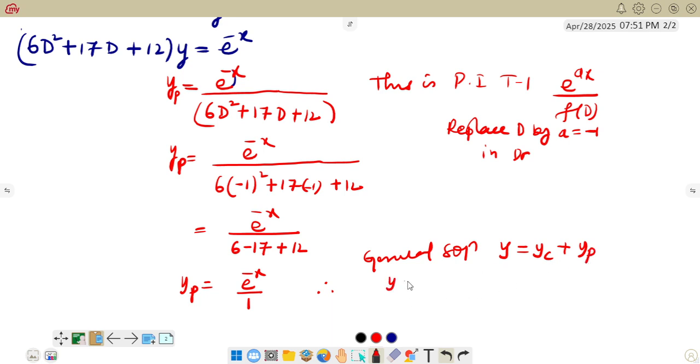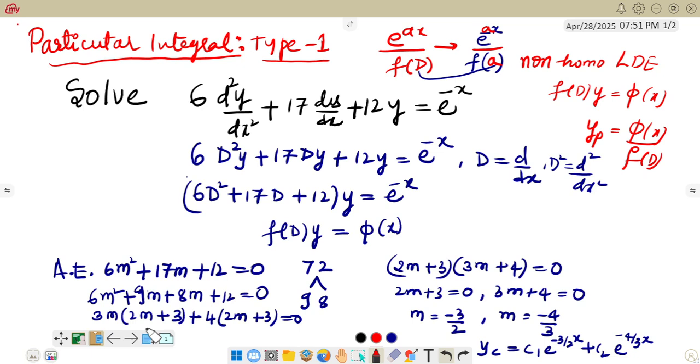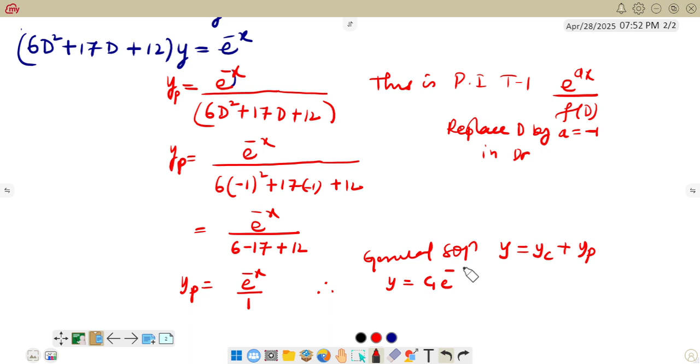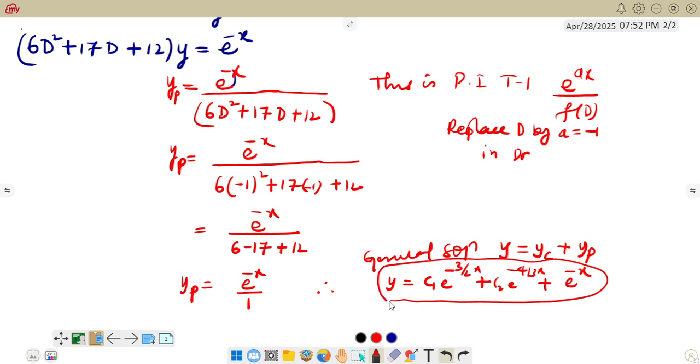We know yc already: yc is c1 e raised to minus 3 by 2 x plus c2 e raised to minus 4 by 3 x, plus, what is the value of yp? e raised to minus x. So this is the solution.